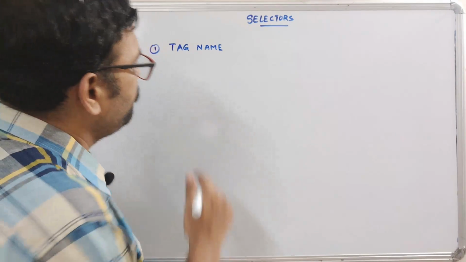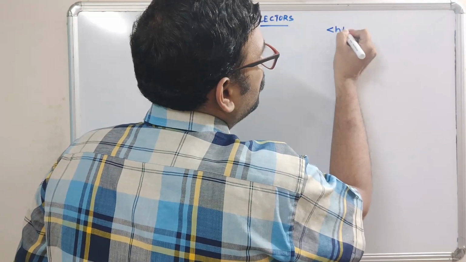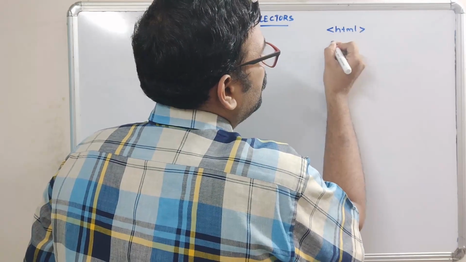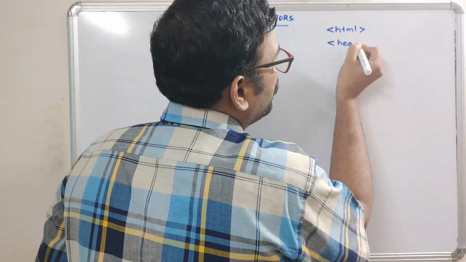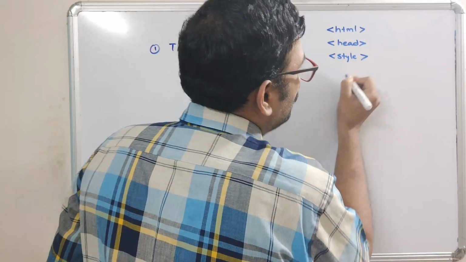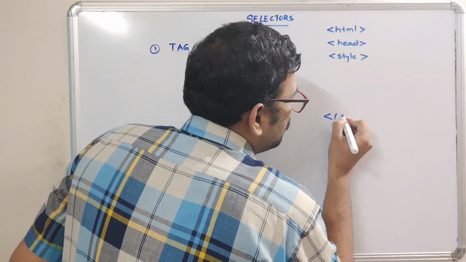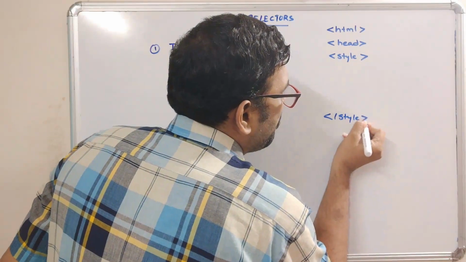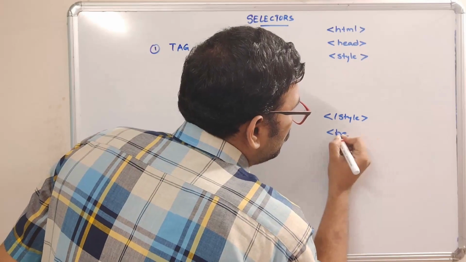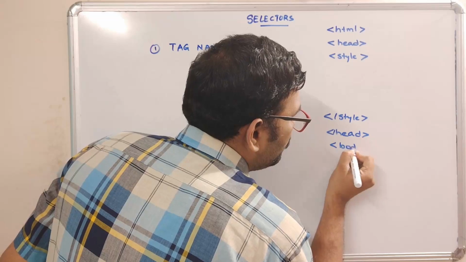For example, let us take the code. So this is the code. I am taking some HTML and then some head. Inside the head we have to write the style, and inside the style we have to write the CSS, and close the style tag and close the head tag, open the body tag.